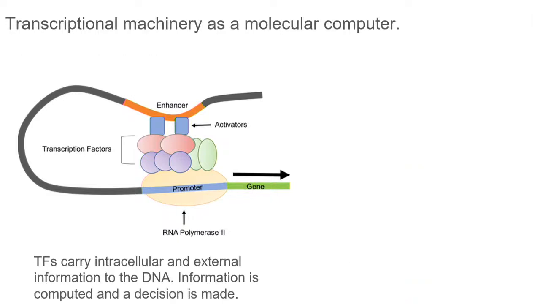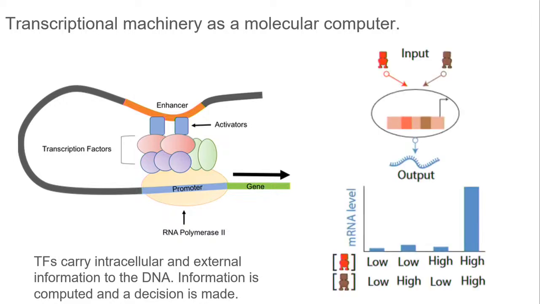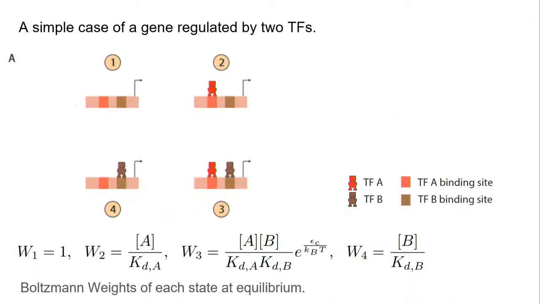So this is kind of like a molecular computer where this promoter region senses its surroundings, senses what type of transcription factors are present and in what concentration, and then decides whether or not to activate the gene.